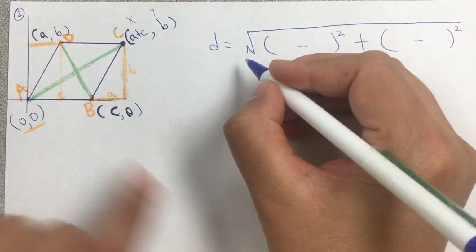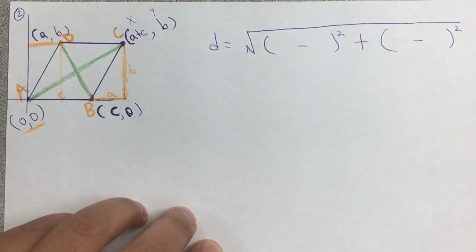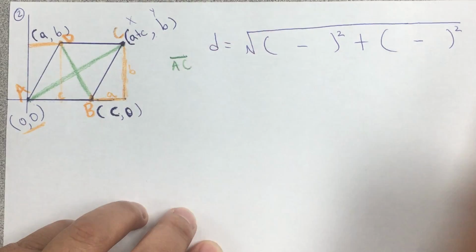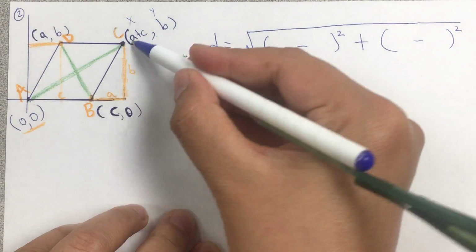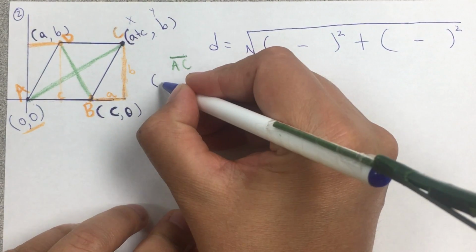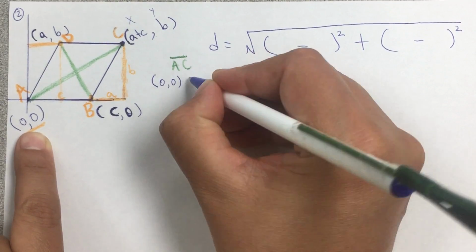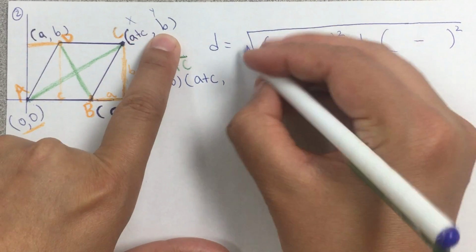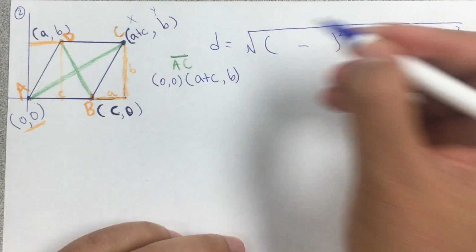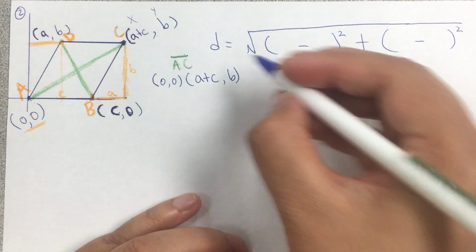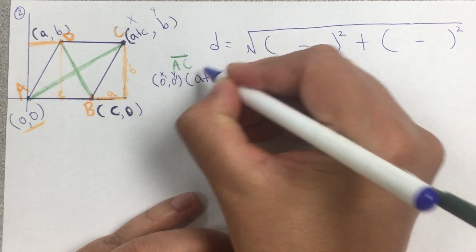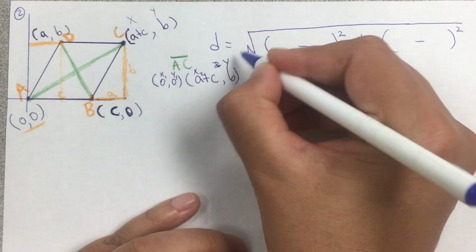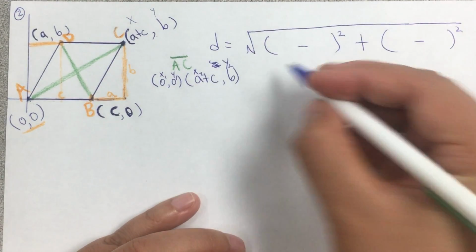So now let's look at AC, which is the measurement of this big diagonal. The first point is 0, 0. The second point is A plus C for X, B for Y. So this is X1, Y1, X2, Y2.